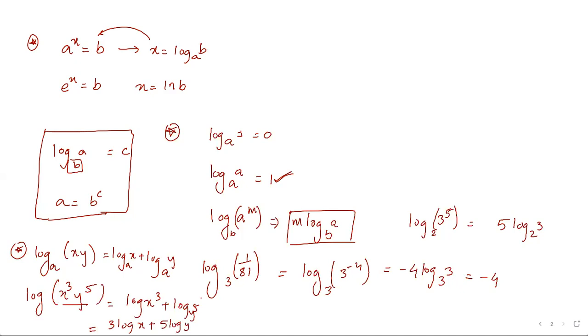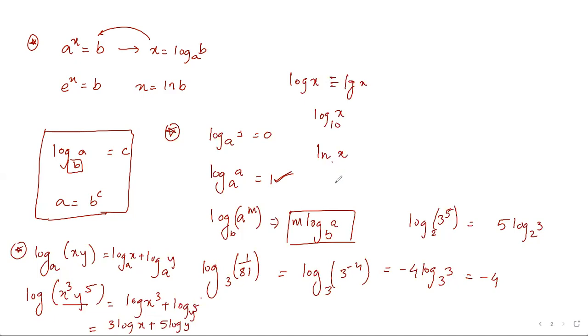Whenever there is no base, by default we consider the base to be 10. So if it's log x, sometimes it is also written as lg x. They both mean the same thing: log of x to the base 10. If it is written as natural log, ln x, then by default the base is e.